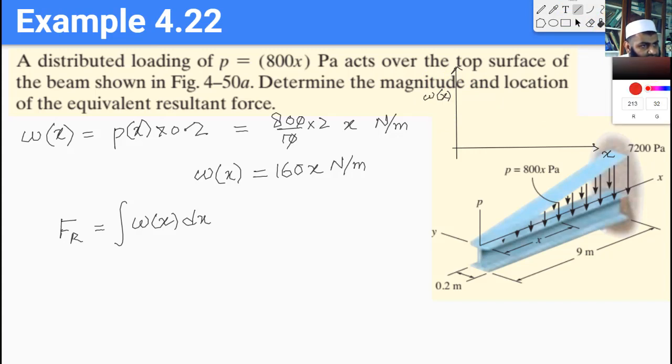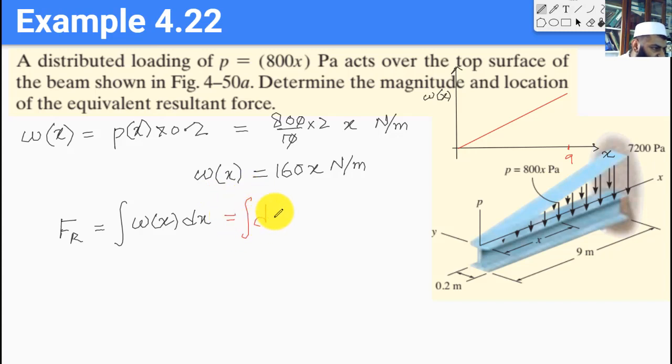Let me change the color a little bit. This function is going to be a straight line coming from the origin, and this point is 9 meters.